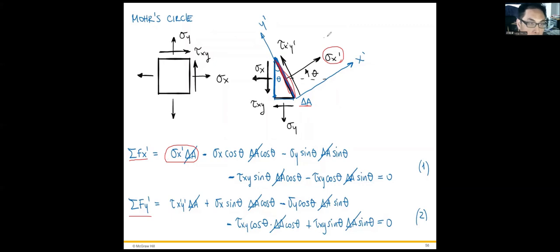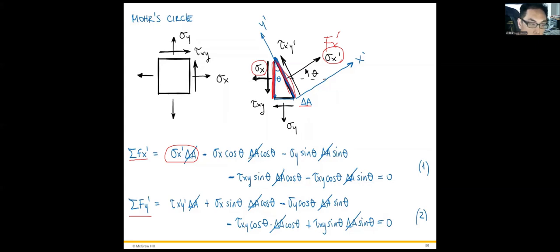So we get the Fx in the x prime direction, right? However, there are other forces or stresses applied to the different surfaces. So, for example, this sigma x is applied to this surface. How do we figure out this surface area?